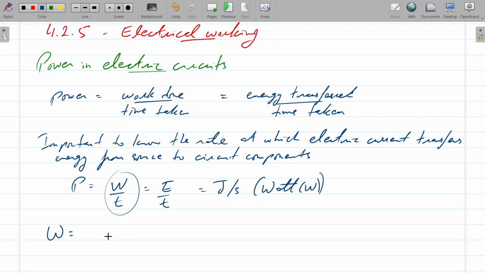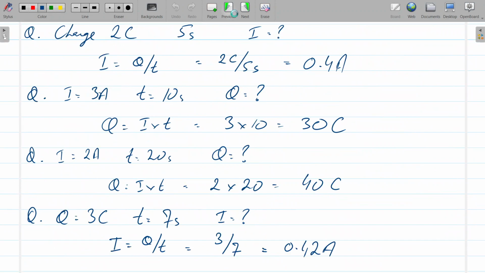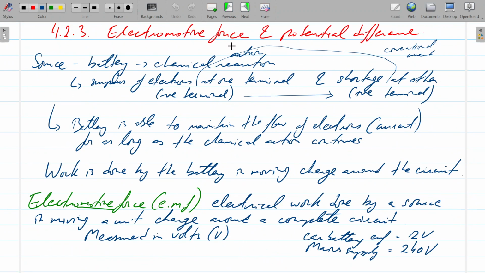And so we came across the equation W equals to I into T into V, or I think I wrote it as V into I into T. Same thing, right? And so this is one of the equations we can use. If I just backtrack, maybe it will help jog our memories.